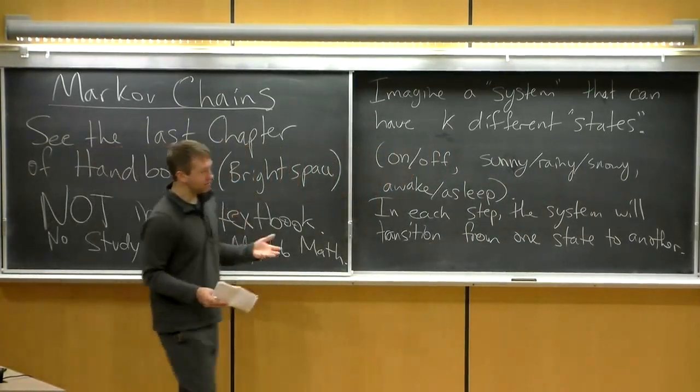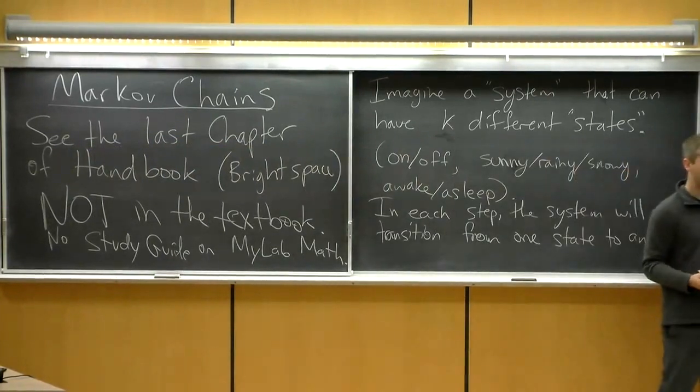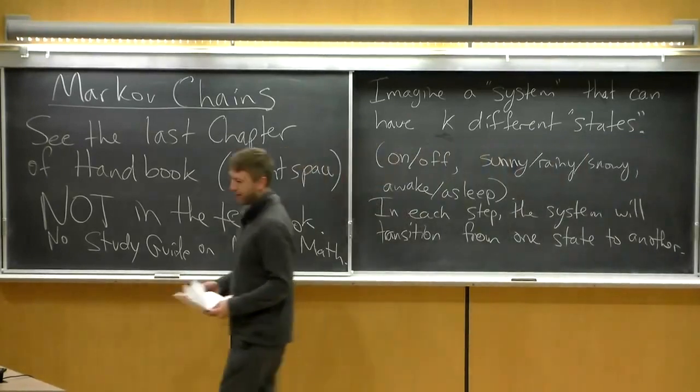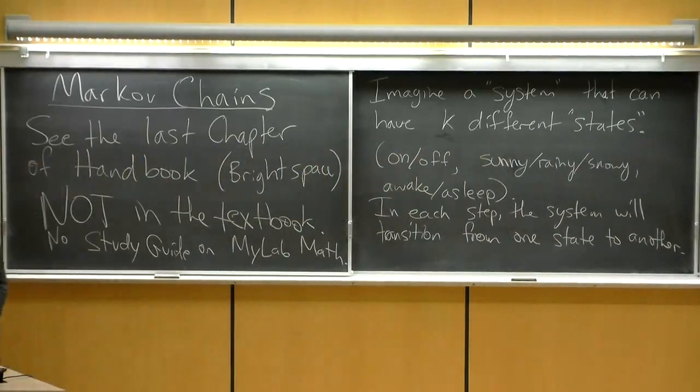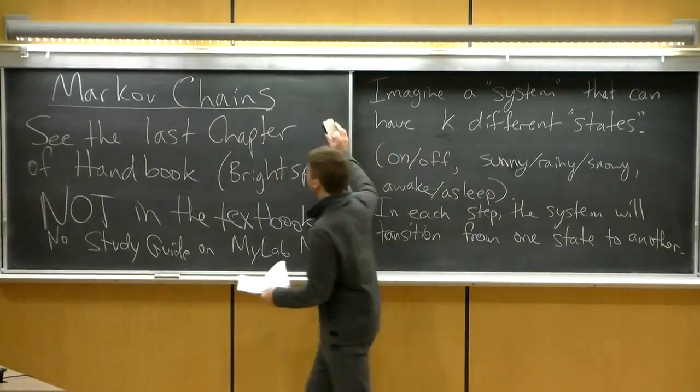Markov chains are used to model a lot of different things, for example things involving economics. But let me give you an example, and then it might become a bit clearer.